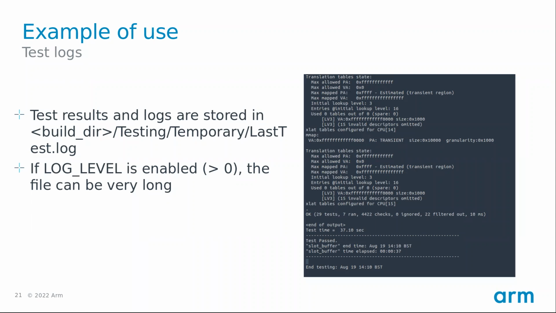When I was debugging the feature, I ended up with a 10 gigabyte file that wasn't very usable. But that's the point: we will also have a log here that we can use to debug if we find any problem.